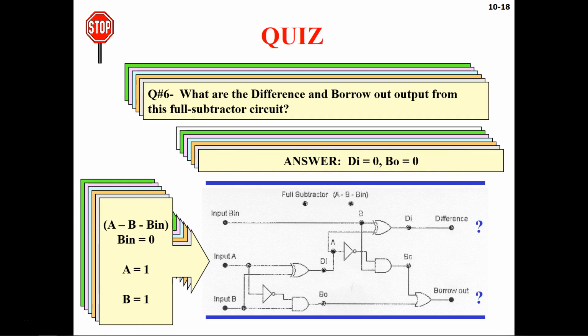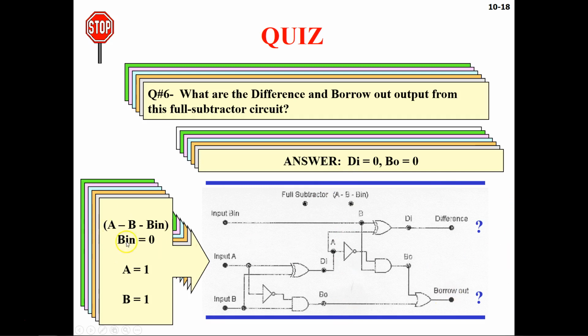So this is how you basically form a truth table, by putting all these different combinations of inputs into the circuit and then finding out what you get at the difference and at the borrow out. I hope after this you can easily make a truth table which will have 3 inputs, A, B and input B in, and 2 outputs, the difference and the borrow.